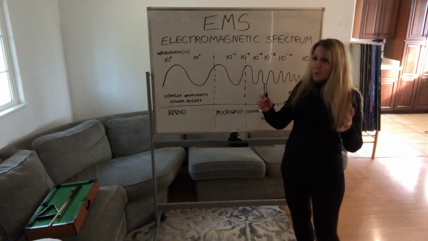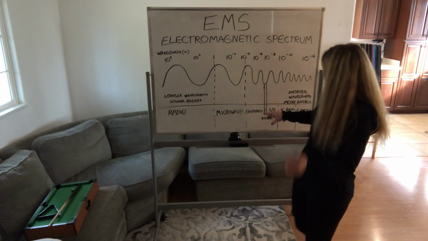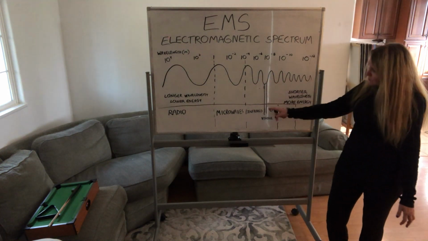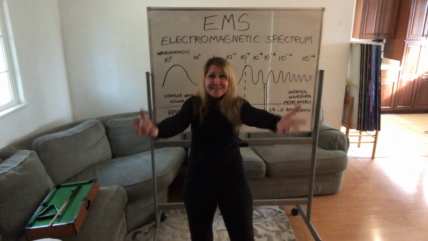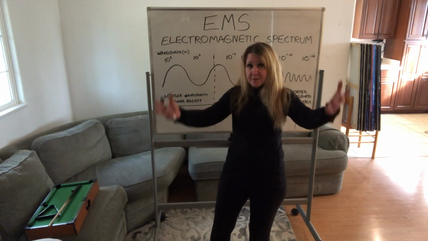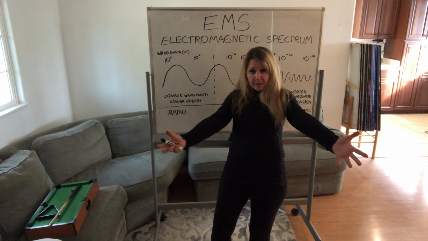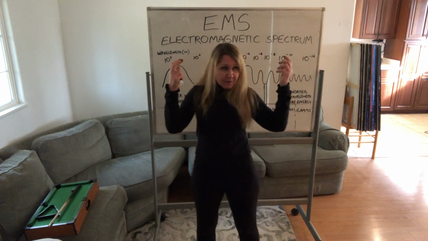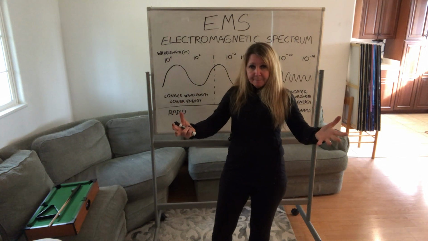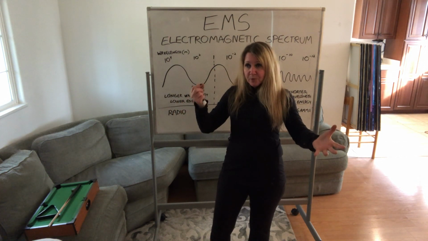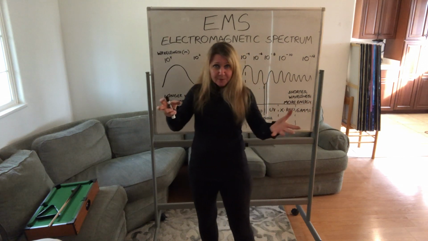So when we look at the visible part, just this part of the entire electromagnetic spectrum is what we can actually see. And this is the visible light. So when we look at something, the colors we see are actually due to the length of the waves.